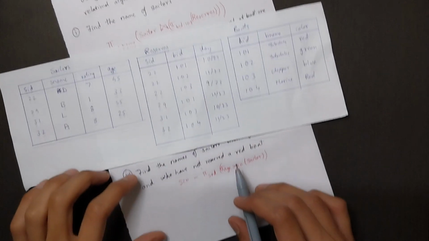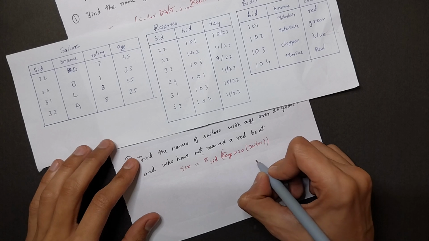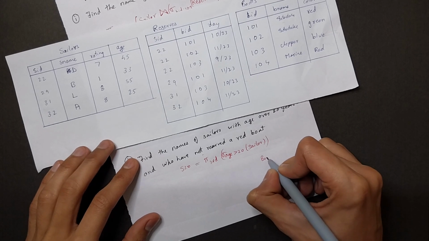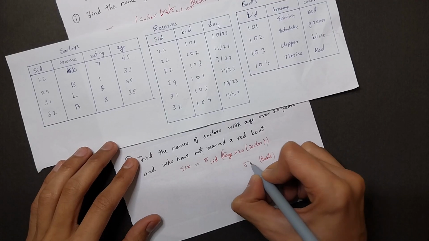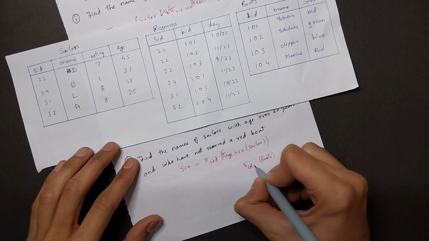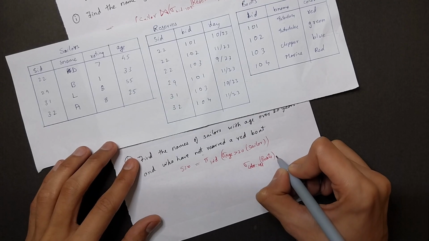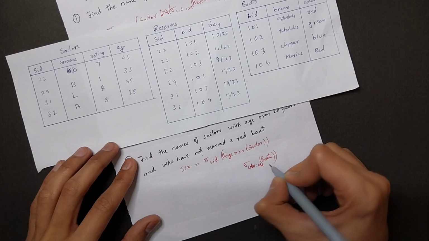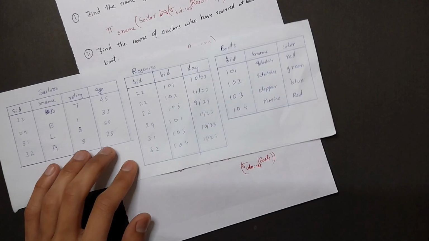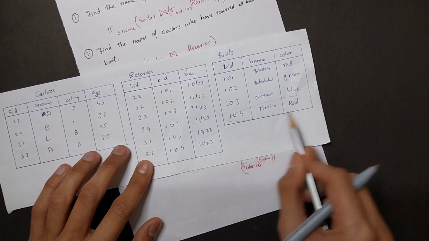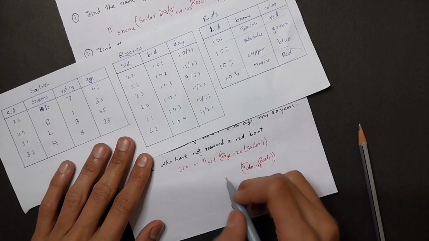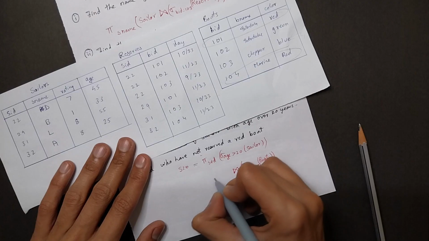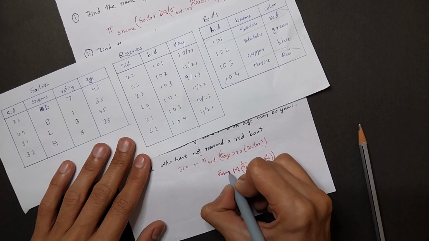Let's do it. First, from boat I will select color equals red. When I do this, I select this row and this row. Then I need to join with the reserves table, so I will do a natural join to reserves.